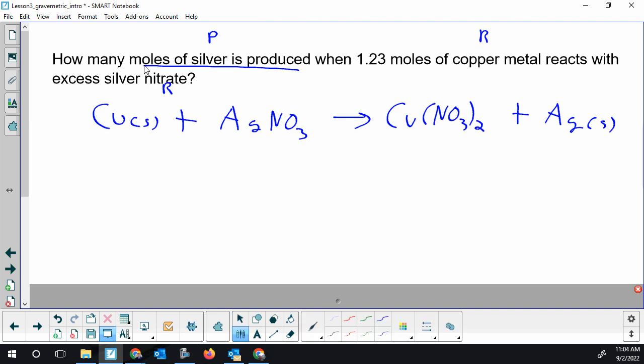Make sure we balance it. So we have 2 nitrates produced, so we need 2 nitrates at the beginning. That 2 doubled my silver at the beginning, so I have to double my silver at the end. So your first step is, if I didn't give you the equation, you get the equation, so you use those Science 10 skills, and then we're going to start organizing everything in our ICE table.